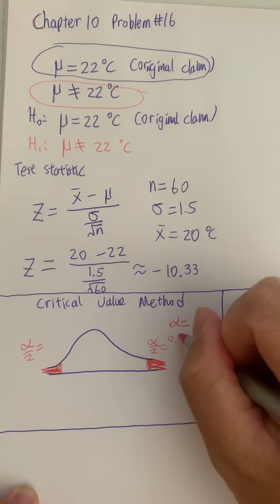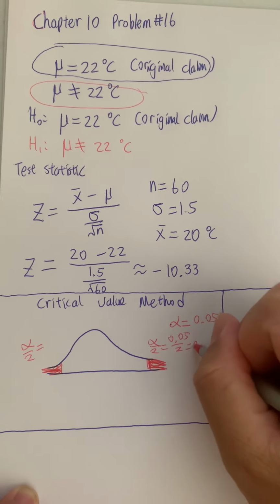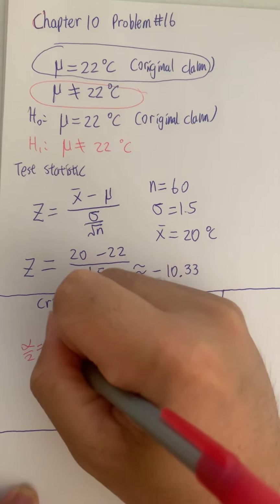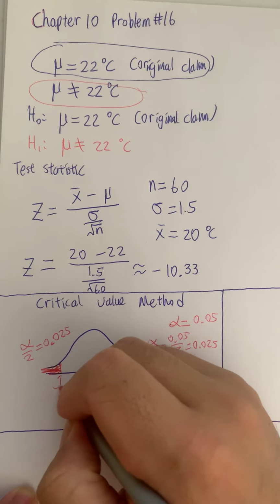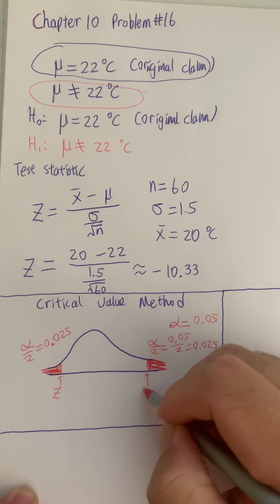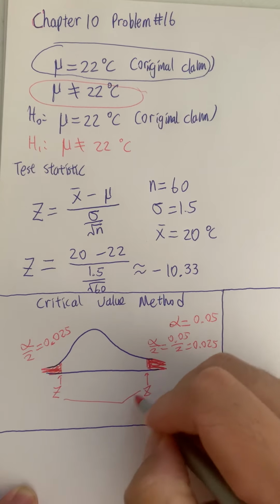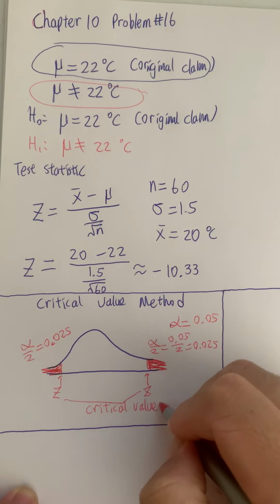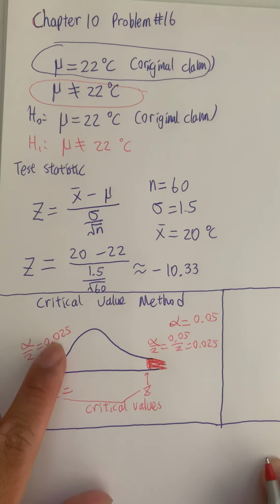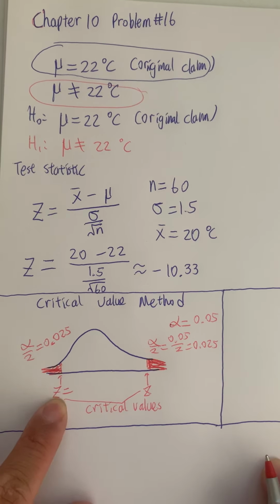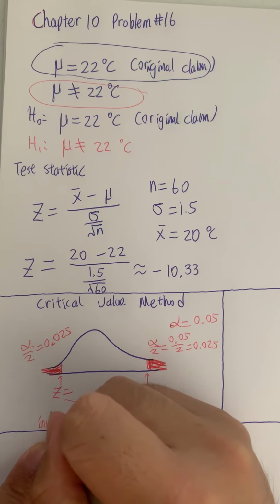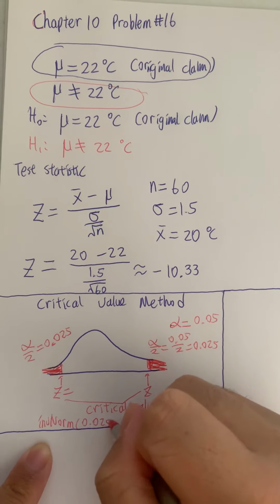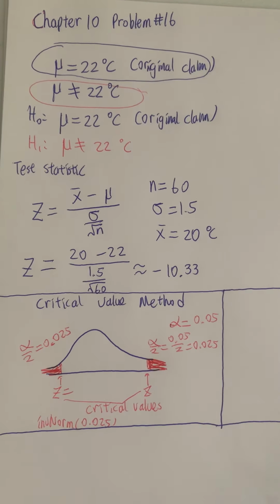So 0.05 divided by 2 is 0.025. This z value is what they call the critical value. To get the z value, we could use invNorm. Put in area to the left 0.025 and see what that gives you.